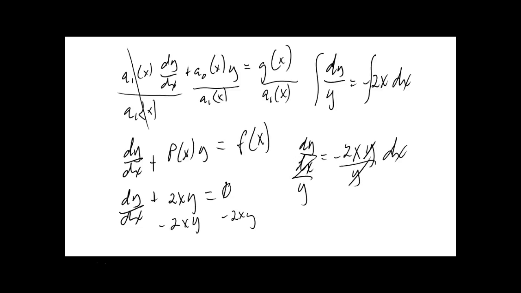The antiderivative of dy is y. dy over y would be log y, exactly. Natural log of y is equal to minus the antiderivative of 2x dx, x squared. And then we're going to need a c, or something like a c.